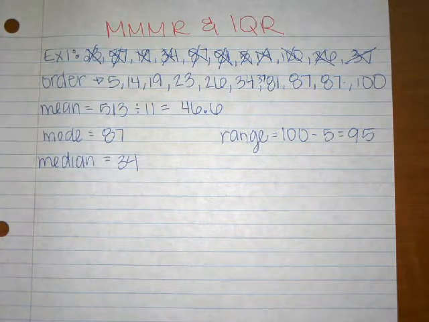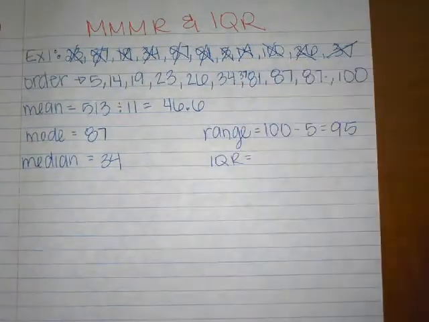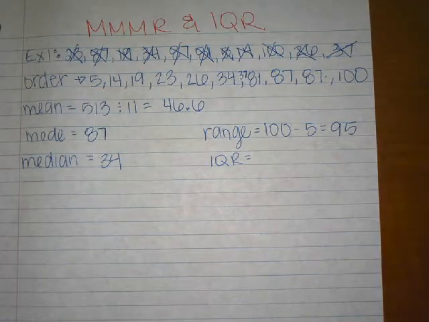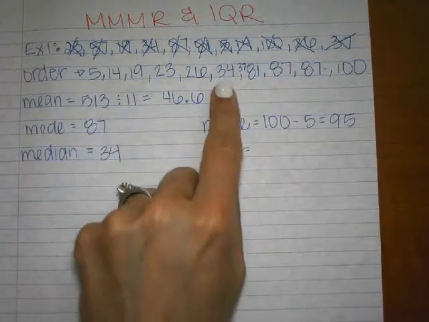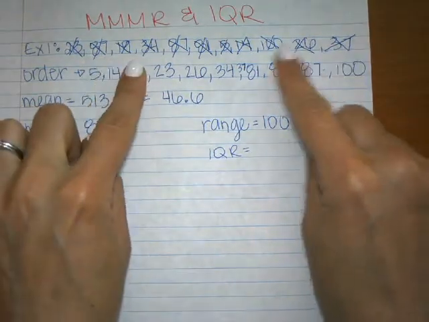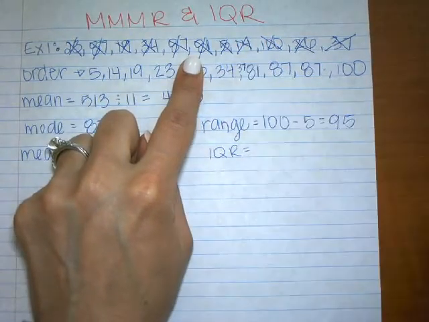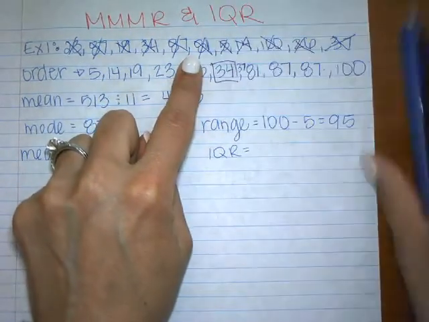Now, here's what you need to do to find your IQR, your interquartile range, once you have found the median. If the median is in your set of numbers, meaning when you did your finger thing to find that middle number and you were left with that number, circle it, box it in.